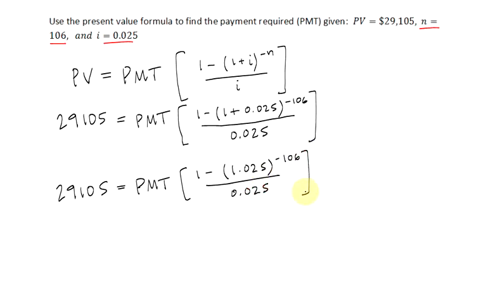Now that I've simplified that inner set of parentheses, I'm going to deal with that exponent. And as a reminder, use your calculator's exponent feature to calculate 1.025 to the negative 106 power. When I put that into my calculator, I get 0.072991165.